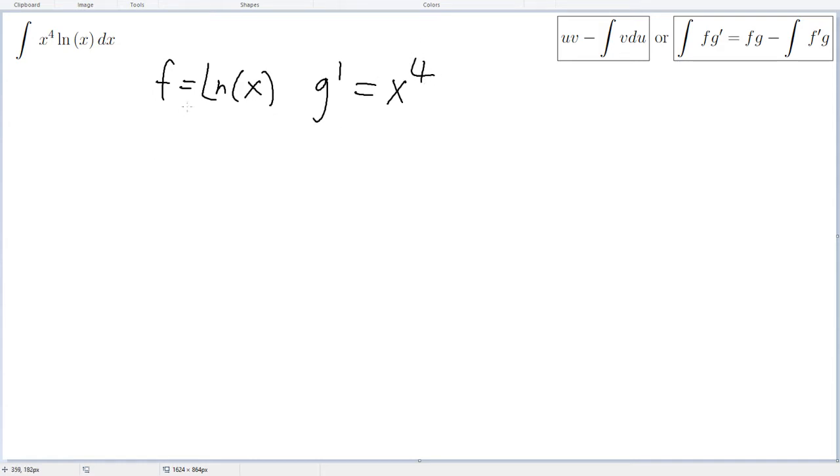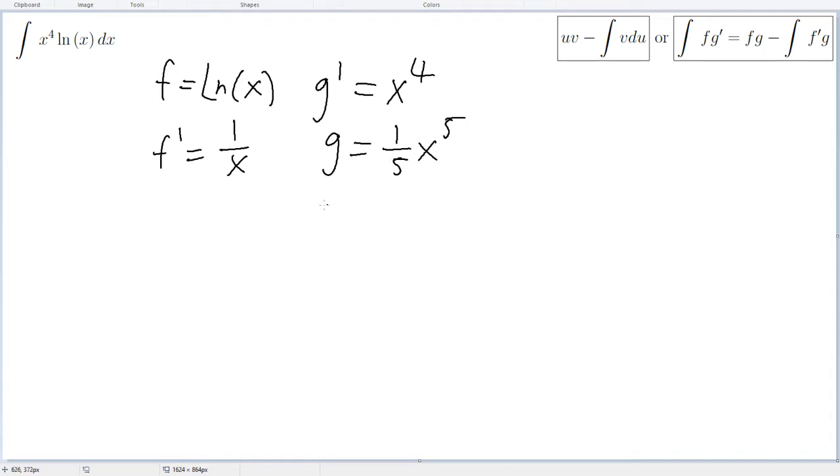The reason is because when you derive ln of x, it's just 1 over x. And when you integrate a polynomial, it's just going to be another polynomial, which in this case, 1/5 x to the power of 5.